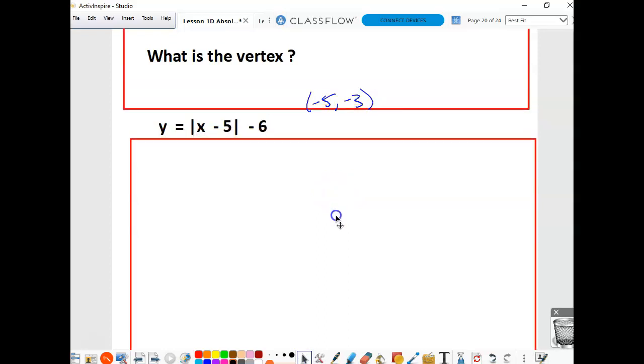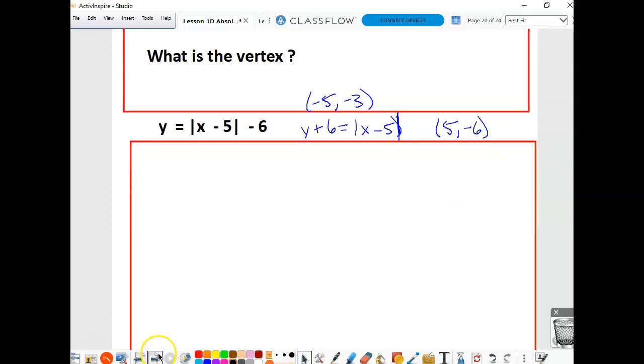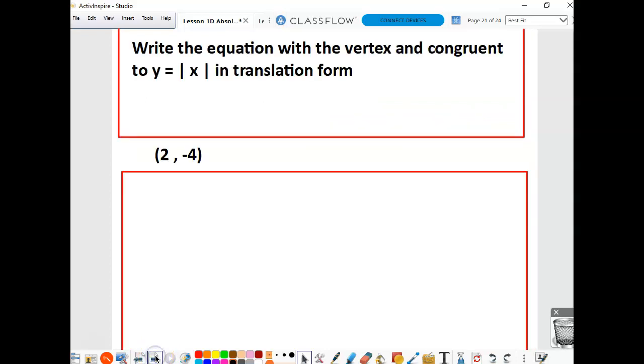Okay, if I slide down, well, I need to get the 6 to the other side. So this would become y plus 6 equals the absolute value of x minus 5. So that would put my vertex at 5, -6. Okay, so those are some great ones to try, to test and see if you can still pull out those pieces.